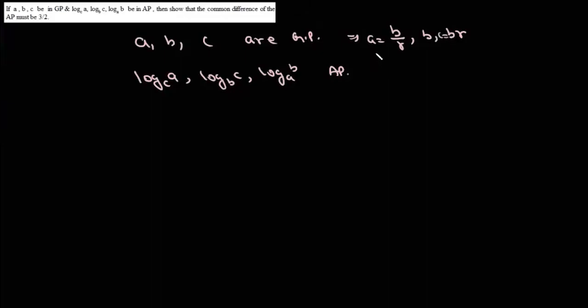Now if we take log to the base B, we can write log A base B will be log B minus log R. So it will be 1 minus log R base B. And if we take log R base B as T, we can write log A base B as simply 1 minus T. Now we write log B base B. Log B base B obviously will be 1.